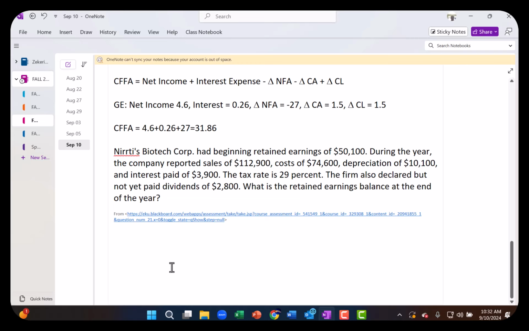Well, ending retained earnings equals beginning retained earnings plus change in retained earnings, which is net income minus cash dividends.